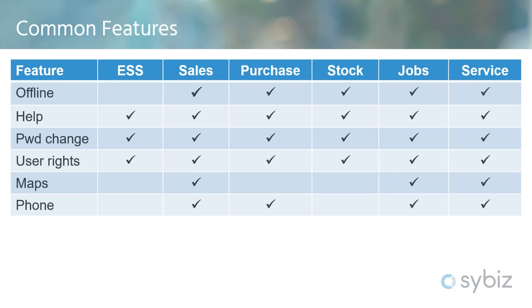If someone doesn't have the ability to, say, do sales orders in the desktop application, they're not going to be able to do sales orders on the mobile app using the same login credentials. So whatever user rights and roles you have configured within the desktop app, that's exactly what will happen on the mobile apps.